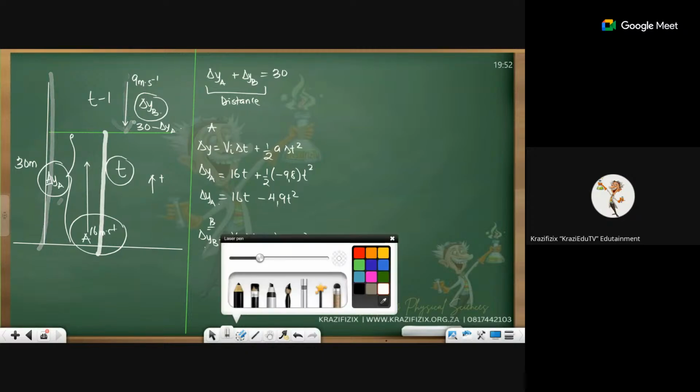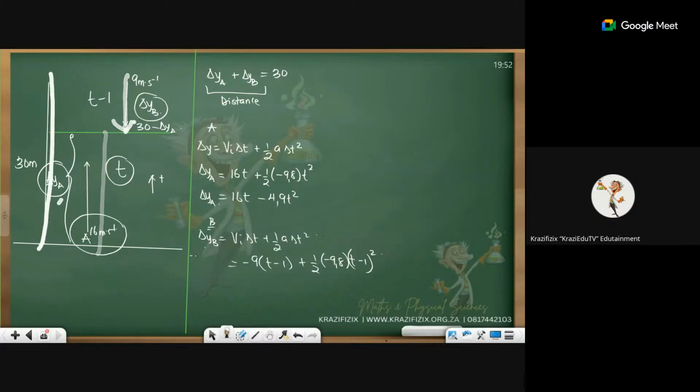So what should this one be? Negative 30 minus delta Y of A. Is that the same thing as delta Y minus? Yes. Those two negatives are where it goes down, because we chose upward as positive. Downward, everything is going down except time.